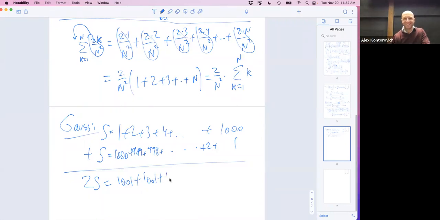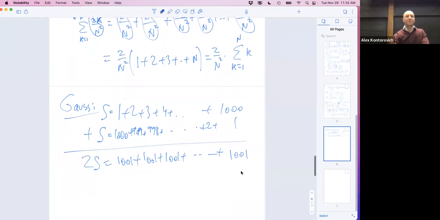Peter's got it. 1,001. And I go all the way up to the last term, 1,000 plus 1. 1,001. How many 1,001s were there? We're going to get 500 because there's a 2 here, but how many were there already? There's the first one, the second one, the third one, up to the 1,000th one. So this is 1,000 times 1,001.